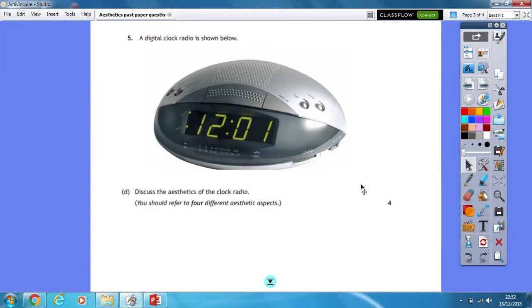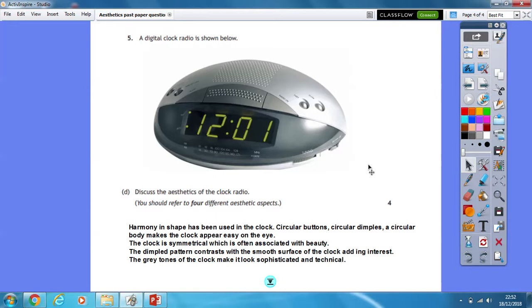If you repeat an aesthetic aspect, for example you talk about contrast, and in 2 of your statements you're focused on contrast, you will only get 1 mark. You won't get a mark for repeating the same aspect a second time. So we need 4 different aesthetic aspects in relation to the design of this clock.